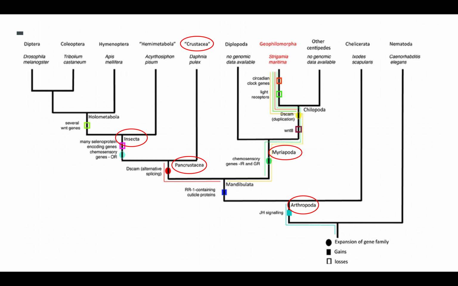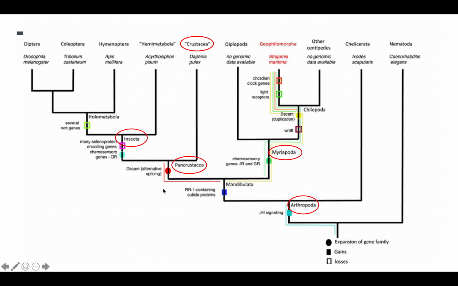All right, so here is our insect evolutionary tree. It's a little big with a lot of terminology, but the ones that I want you to focus on are circled in red here. So insects fall under Insecta over here, and if you follow them backwards, you'll find that insects and crustaceans at some point were very closely related.